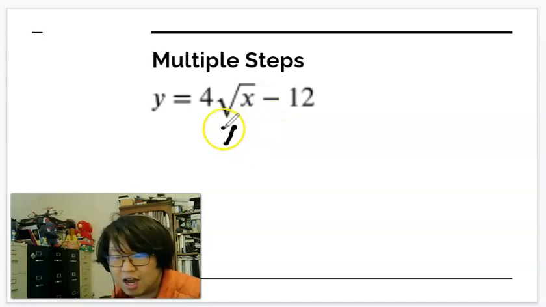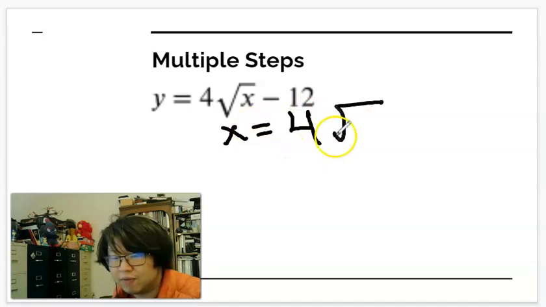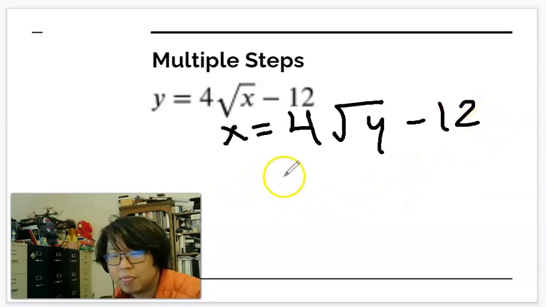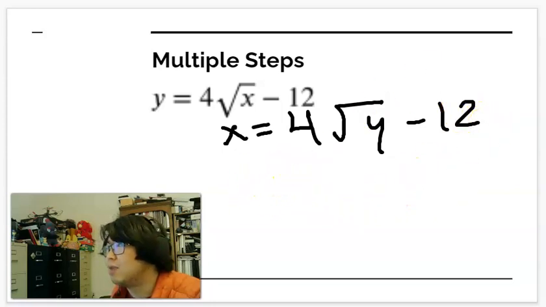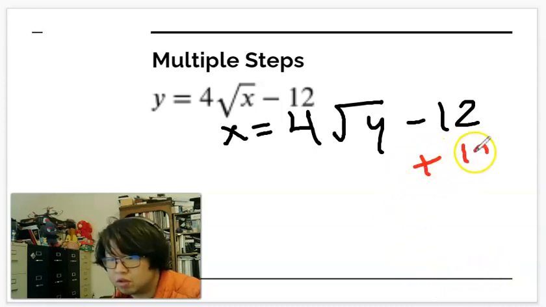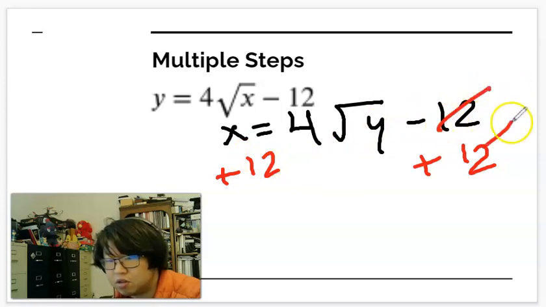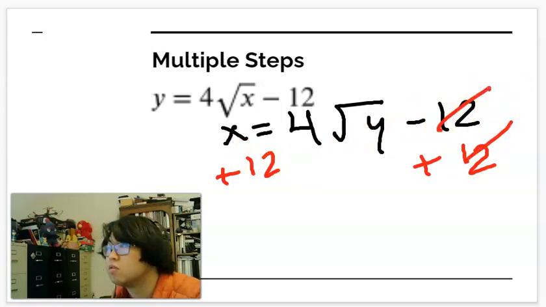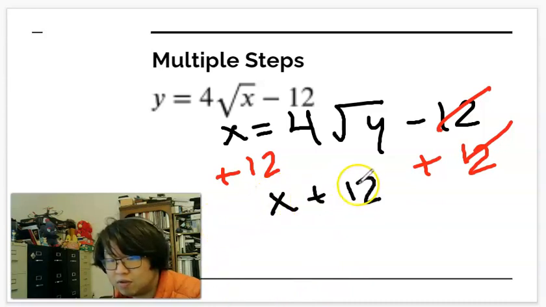So first, I'm inverting my variables here. So I got 4 square root of y minus 12 equals x. Then I need to add my 12 to both sides in order to get rid of it. So now I should have something like x plus 12 equals 4 root y.